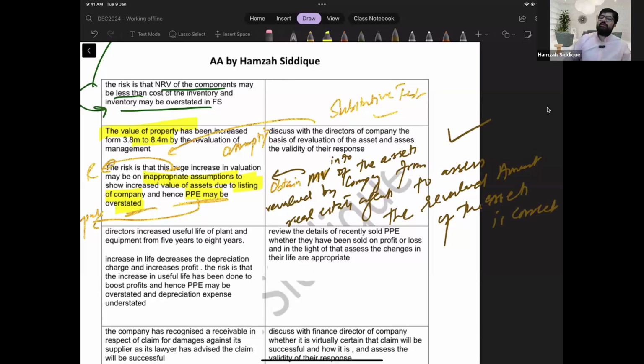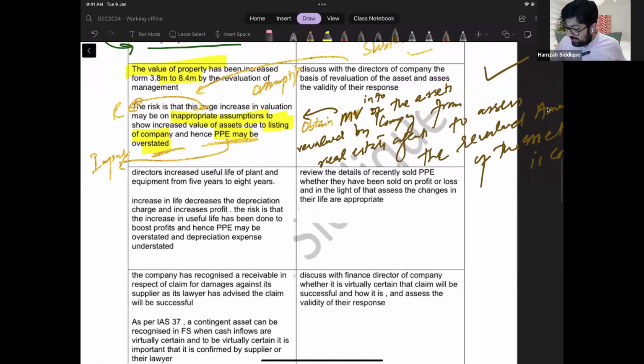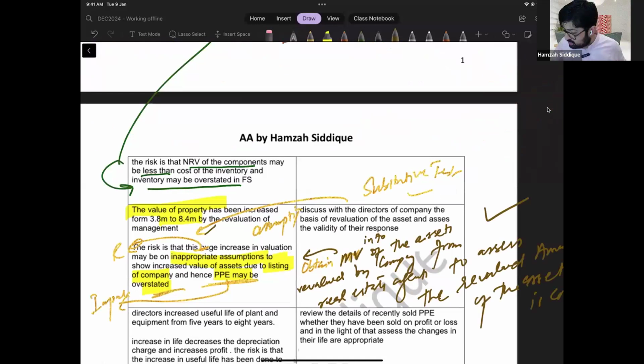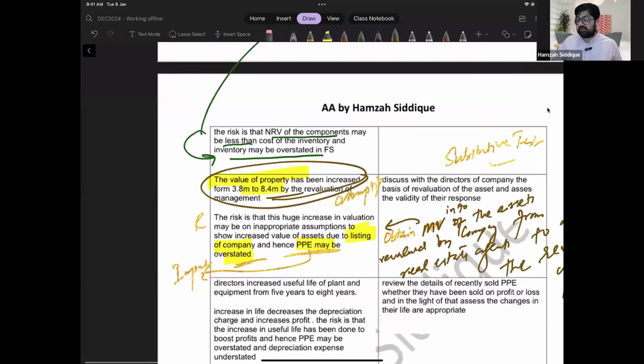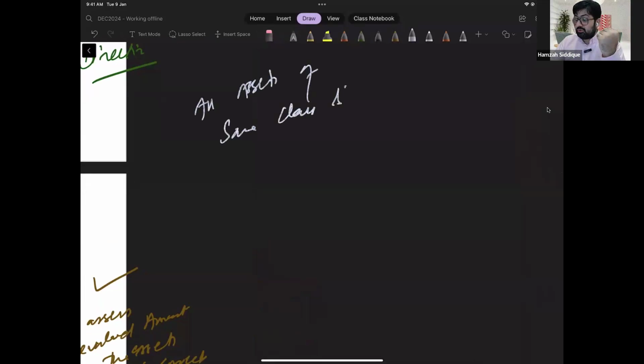Now, the next point is directors increased the useful lives of plant and equipment from 5 years to 8 years. Okay, before going to that, another student explains another risk from this same issue. The risk explained by the student is that all assets of the same class should be revalued as per IAS 16.